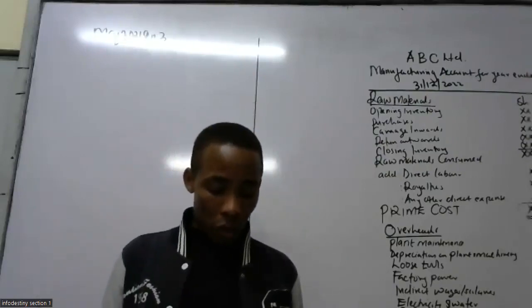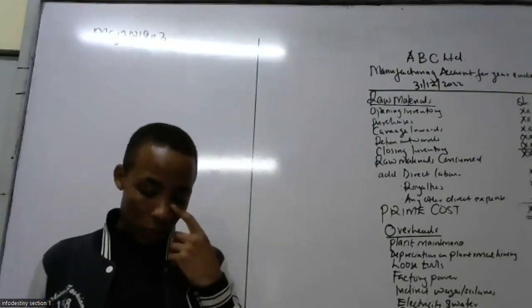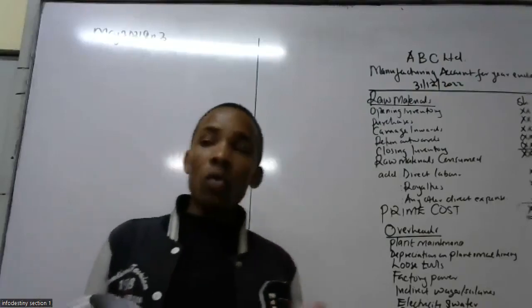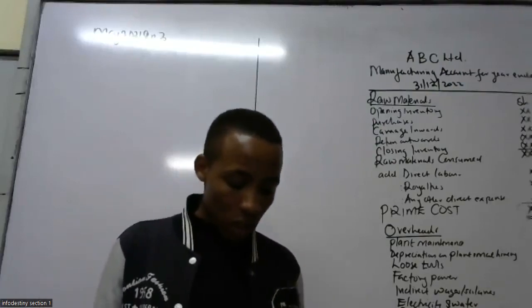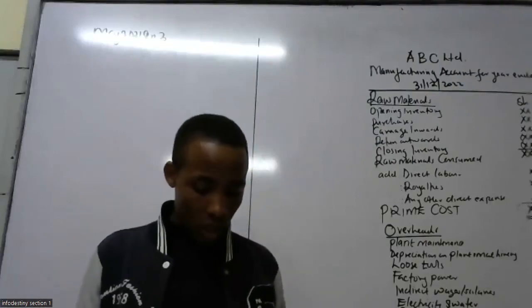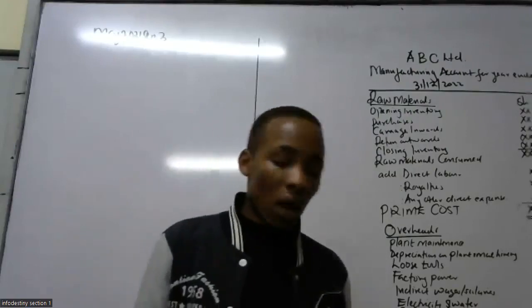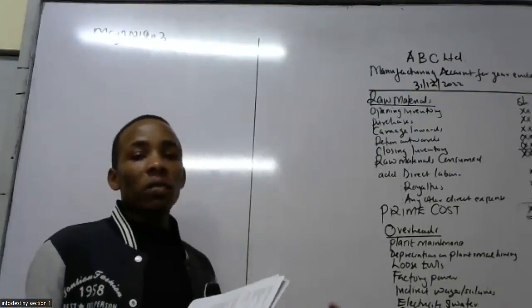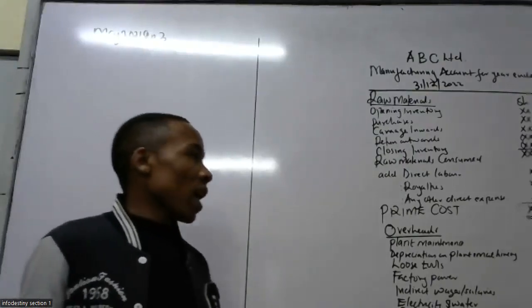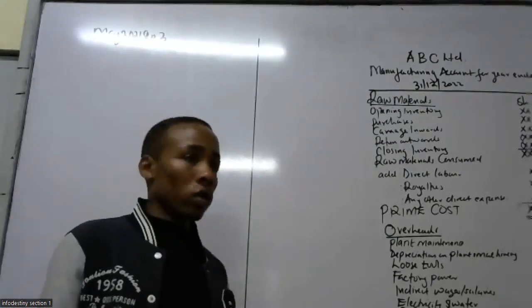And additional information, we are told that inventories as at 30th September 2020 were valued as follows. Those are the closing inventories for raw materials, work in progress, and finished goods. Then number 2 says, finished goods are transferred to the warehouse at a cost plus markup of 25%. That means they are being transferred to the sales department or to the warehouse to await selling. Markup is a profit on cost.